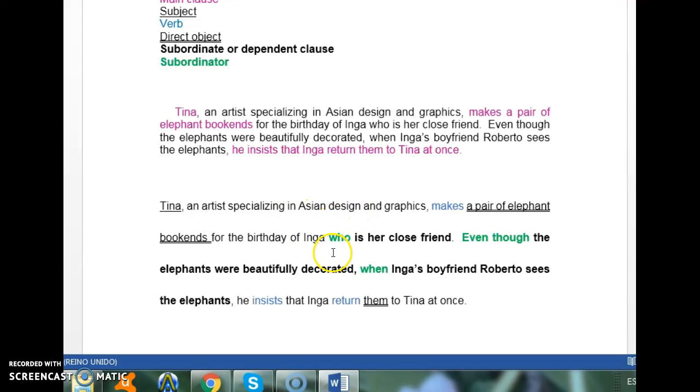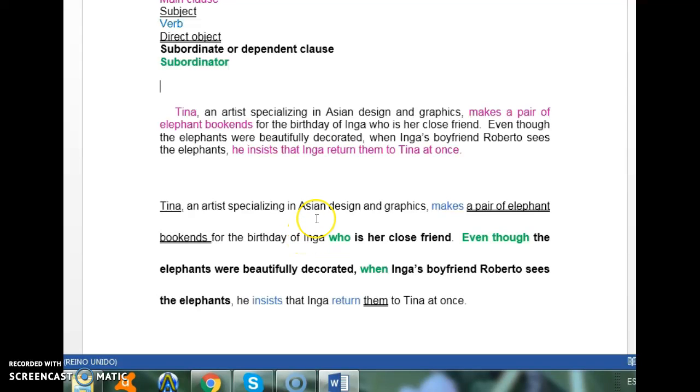Here you have an adjective clause which begins with who, and here you have who is her close friend. Here who would be the subordinator, and then you have the verb, and then you have her close friend. This then is an adjective phrase which is explaining who Inga is.